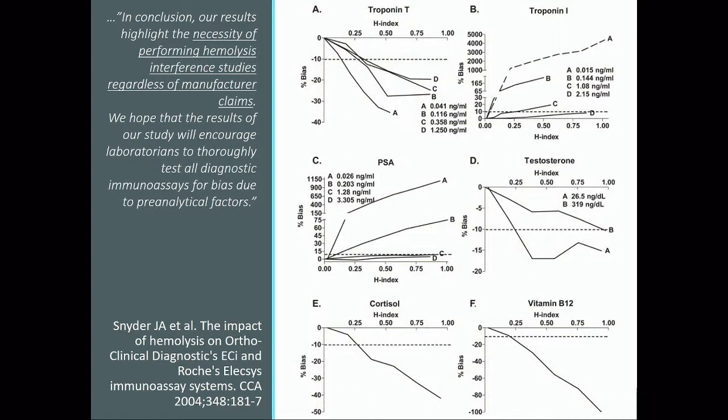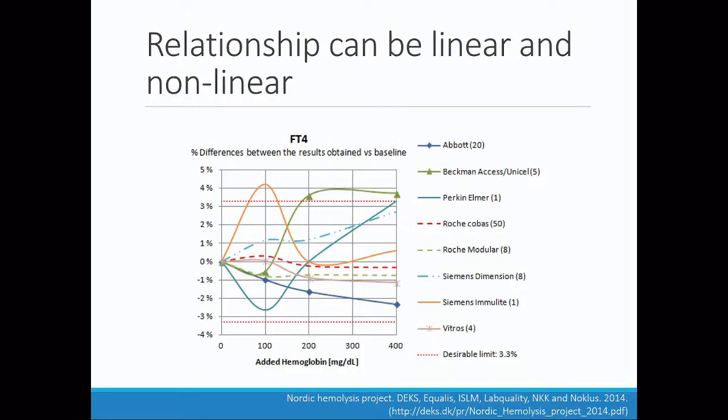Again, hemolysis can affect immunoassays in either a positive or negative way, and through different sorts of bias, as already discussed before. Just to give you one example, the FT4 immunoassay can be affected in a linear negative fashion and in a non-linear fashion in all sorts of curves.